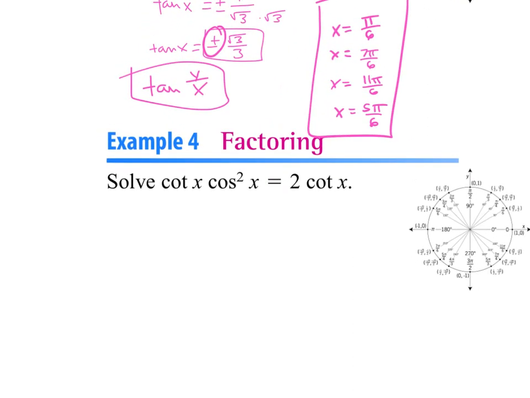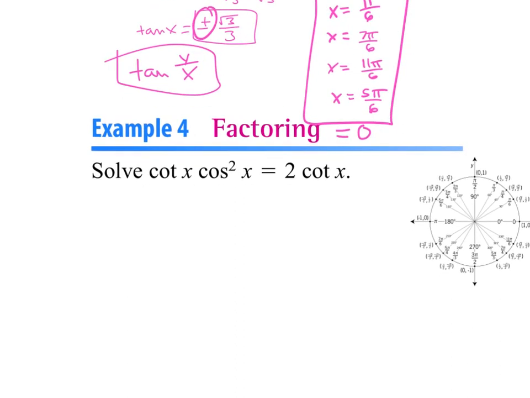Because it tells us we're going to factor, so when we're factoring, we want it to be equal to 0. So let's move our two cotangent x over. How do we move that over? Just subtract the 2 cotangent x. Right? So on the left side, we have cotangent x cosine squared x minus 2 cotangent x is equal to 0.